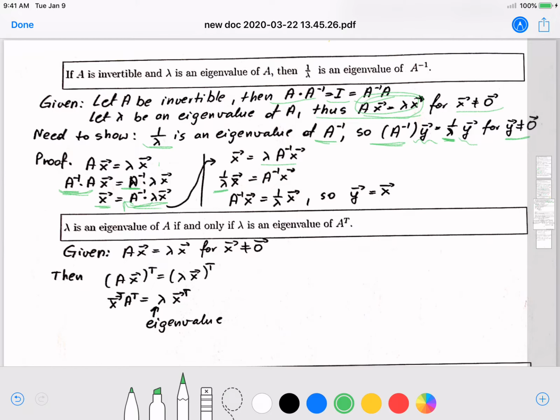And on this side, I would get A inverse times x. So what we have is A inverse times x is equal to 1 over lambda times x. So that means that my vector y is nothing else but x, and this proves that 1 over lambda is an eigenvalue of A inverse.